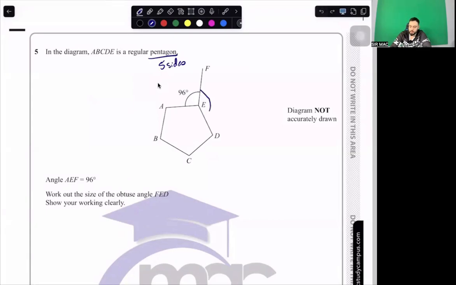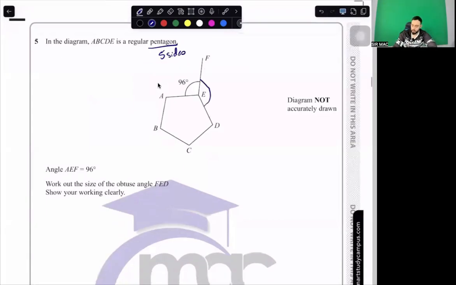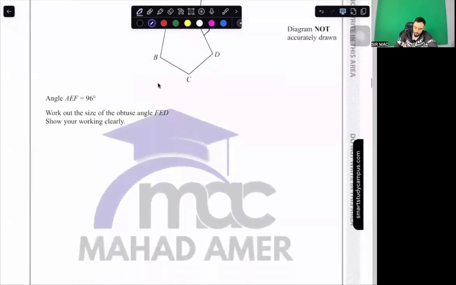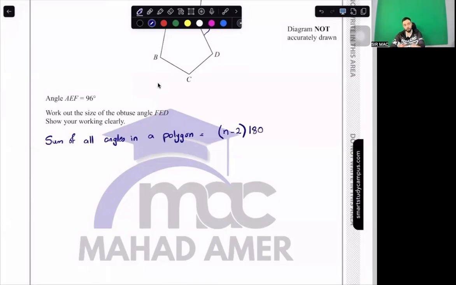Now, since it's a 5 sided shape, first of all, the sum of all angles in a polygon. There's a formula for that: n minus 2 times 180.